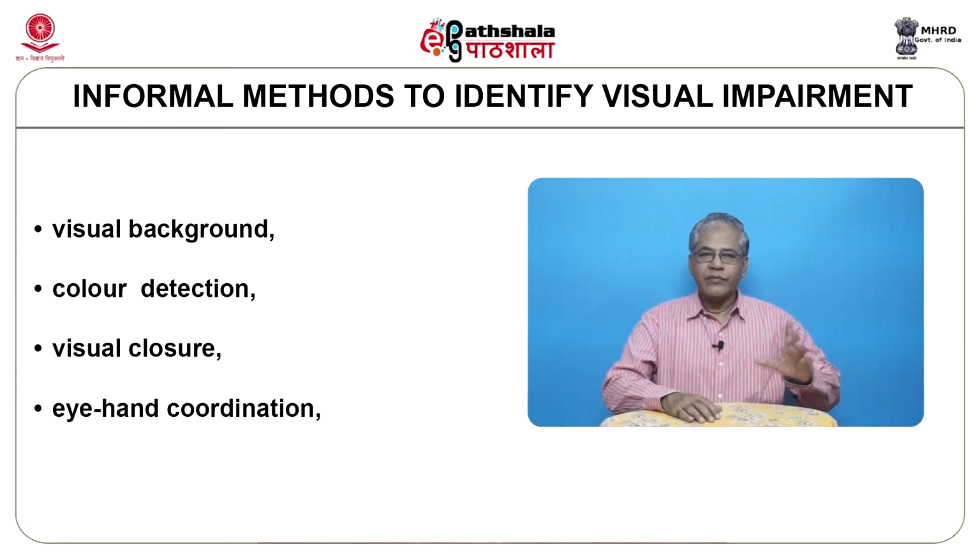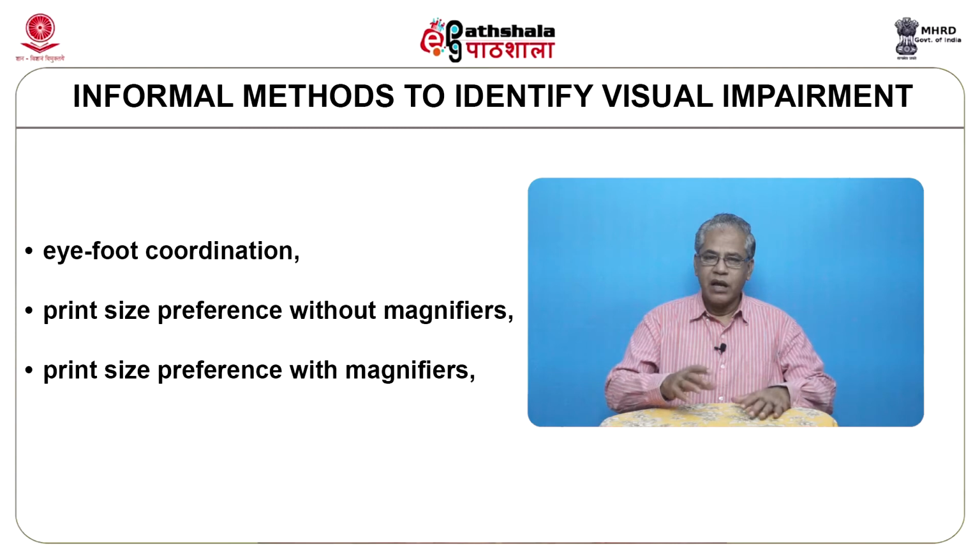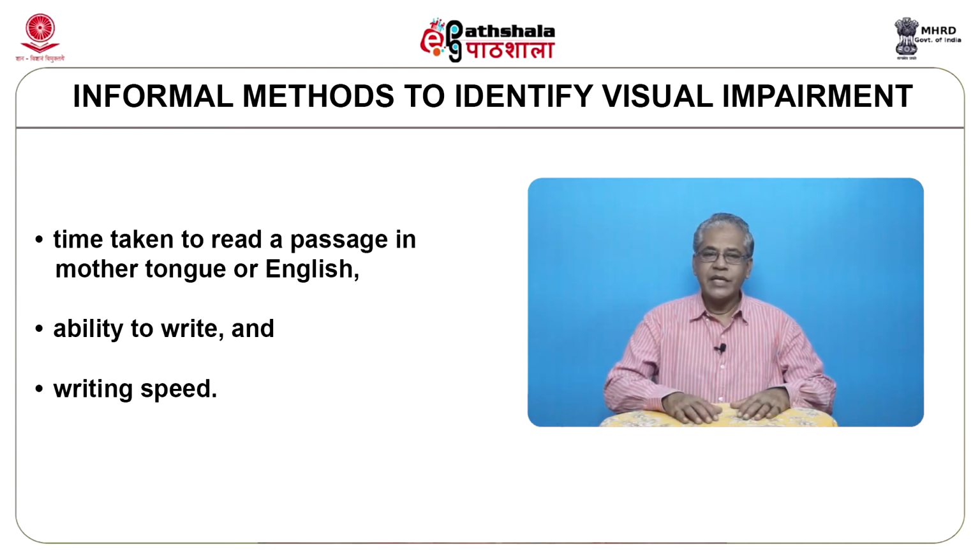Visual background, color detection, visual closure, eye-hand coordination, eye-foot coordination, print size preference without magnifiers, print size preference with magnifiers, time taken to read a passage in mother tongue or English, ability to write, and writing speed.